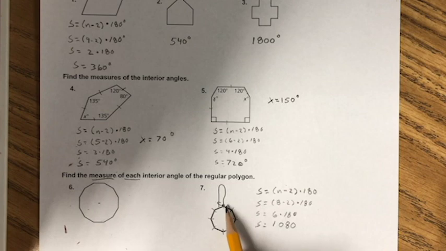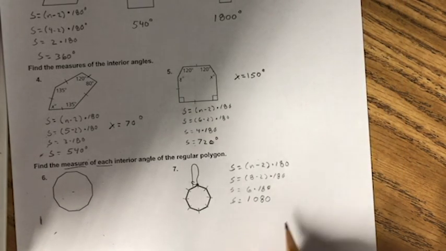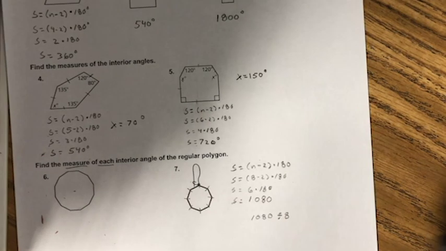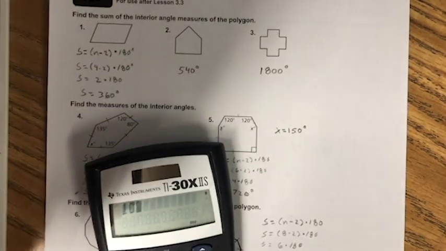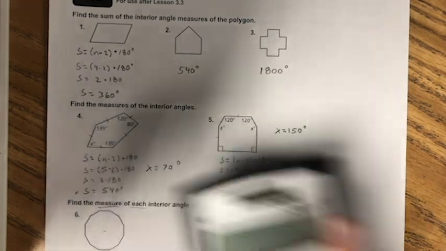So I know that there is a total of 8 angles here, so I can divide this number by 8. And that's going to tell me the measurement of each angle. So each angle is worth 135 degrees.